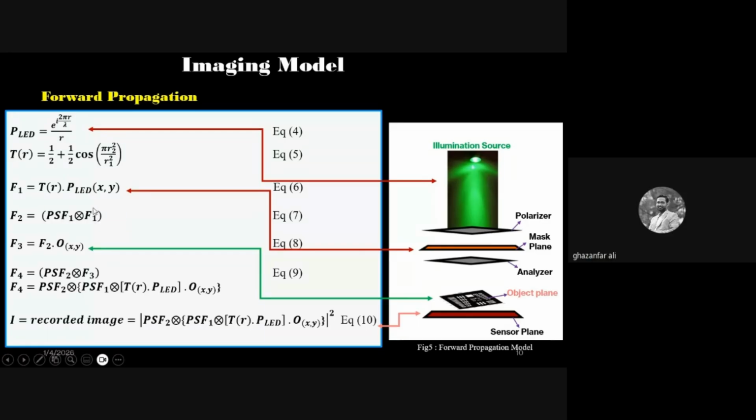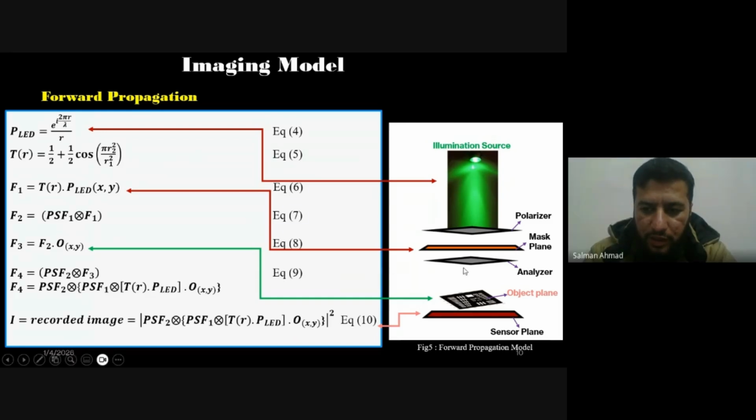Actually, you are multiplying for the modulation, these two coherent and incoherent light? We are multiplying the incoherent light and the mask we applied here, in our case the Fresnel zone plate.